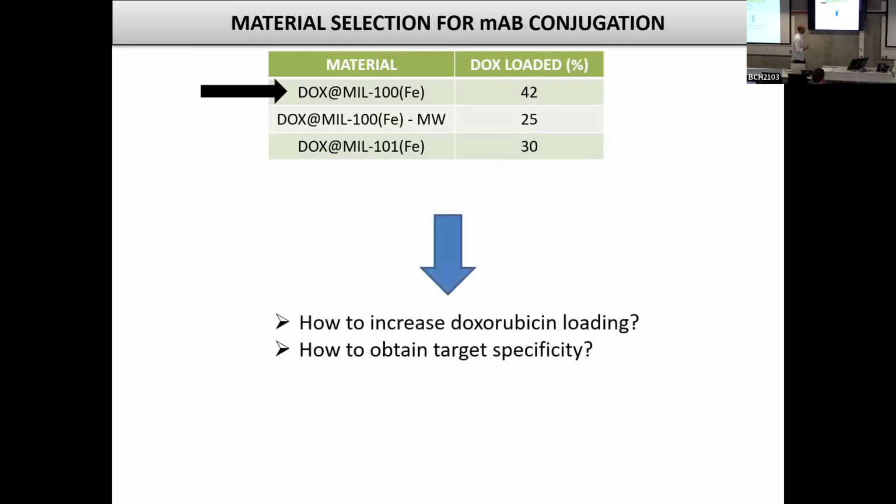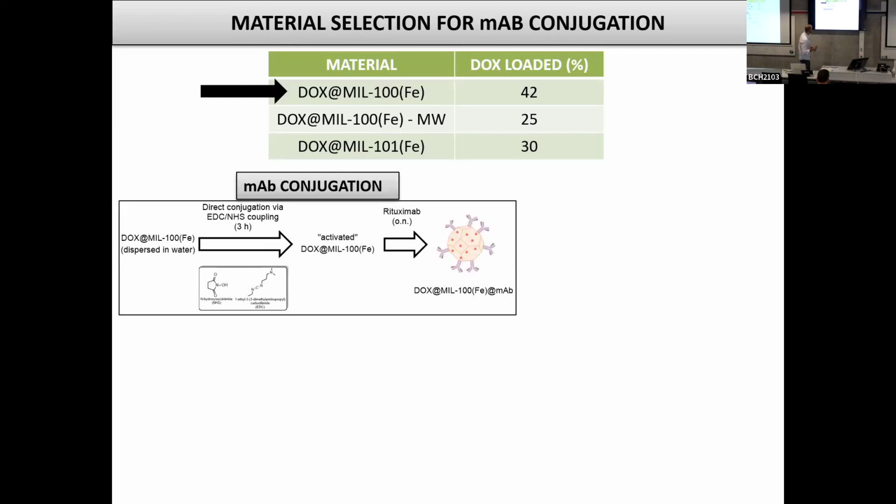step of this project. However, that is how to obtain target specificity. One of the routes that we can exploit is the binding of a monoclonal antibody, that is a protein that has a specific selectivity for other proteins expressed on cell surface, mainly tumor cell surface.